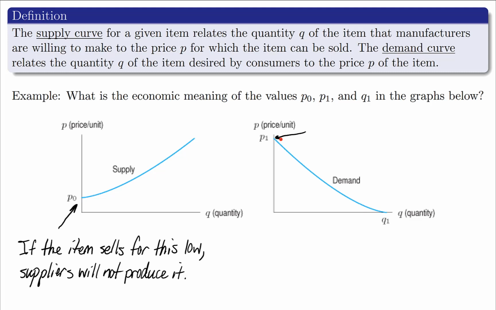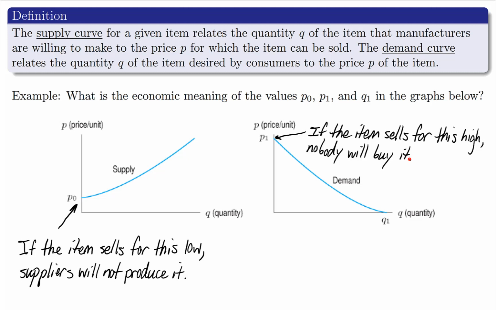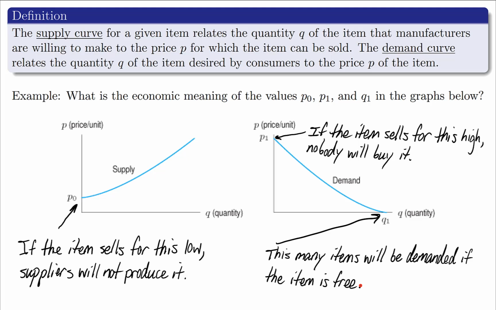This is again for a quantity being 0 and the price associated with it. If the item sells for this high, nobody will buy it. And now one more point on the chart. This is when the price is 0. This is the quantity associated with the price being 0. This many items will be demanded if the item is free.